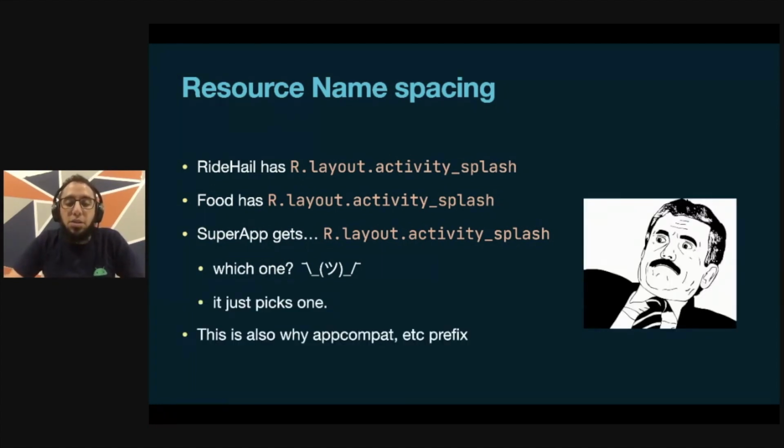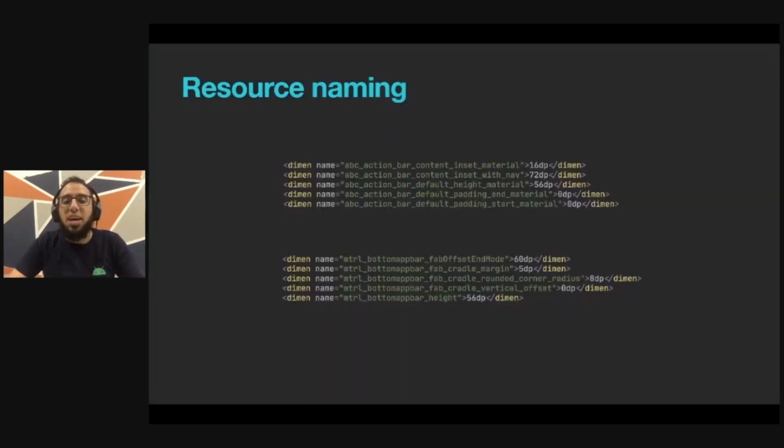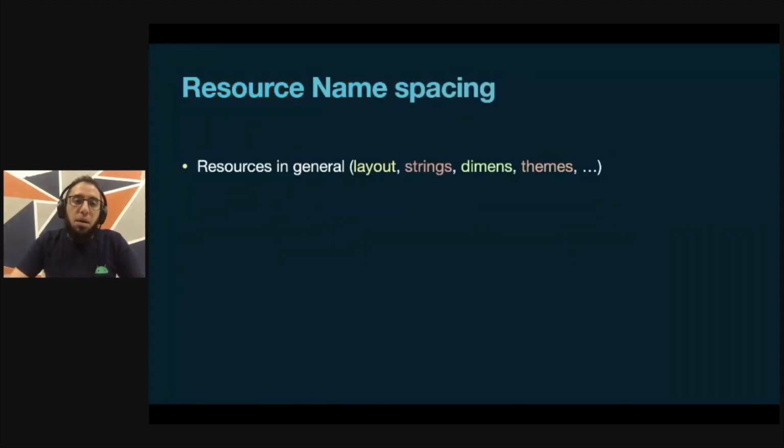And that's why AppCompat and the material design library and so on prefix resources, to avoid developers running into this problem. You notice ABC_ or MTRL_, and they do this because it's very unlikely that in your own widgets you'll name something MTRL_. This kind of clash can happen with any sort of resource: layouts, strings, dimensions, themes.